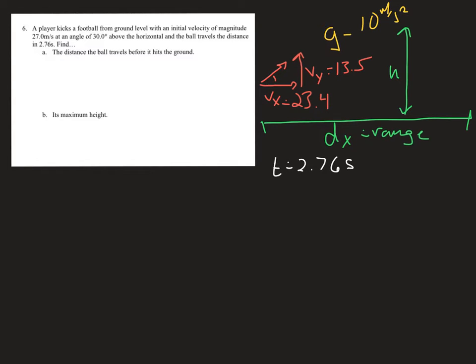All right, now that I have my two velocities figured out, we should remember that since I'm looking for the range, the distance in the x is going to be equal to my velocity in the x times my time of 2.76.